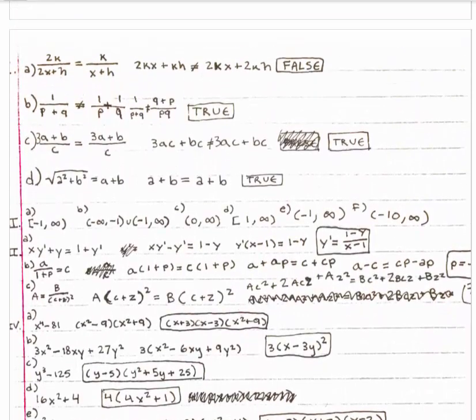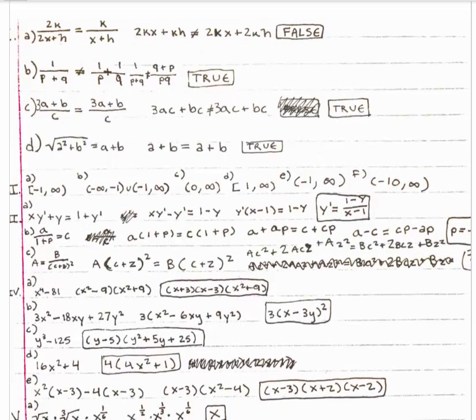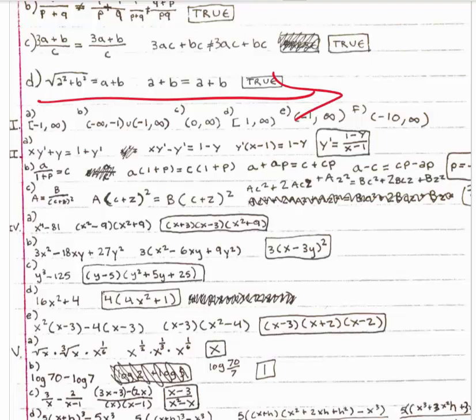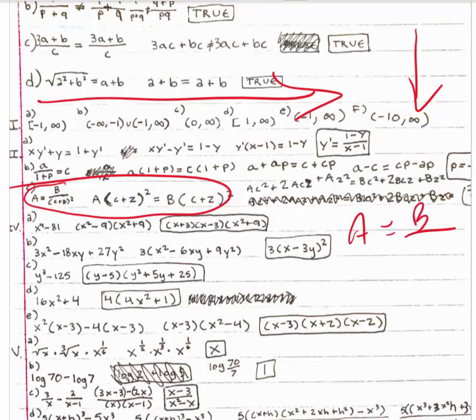Now, this student here, you don't get bonus points for doing all your work on one sheet of paper. Take your time and show your work one step at a time. And instead of going across with your work, I want you to write your work going vertically, up and down. For example, this problem right here should be written a little bit differently. You start out with the original problem, but below that, this line right here, you would have A equals B over C plus Z squared.